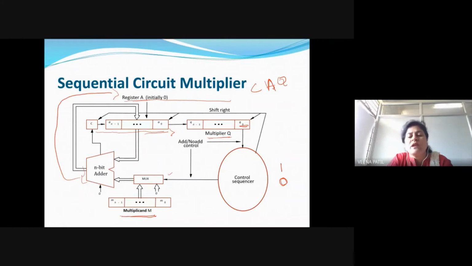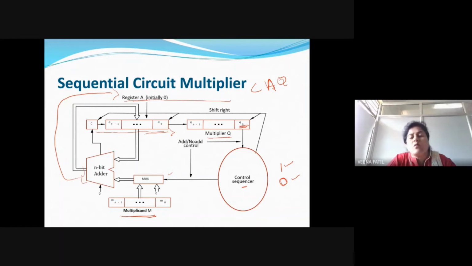Now, while shifting, the last bit Q0 is seen by the control sequencer, and depending on that, the shift or addition decision will be taken. If the Q0 bit is 1, it will add and shift. If the Q0 bit is 0, it will simply perform shifting.